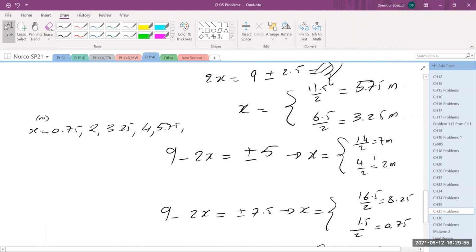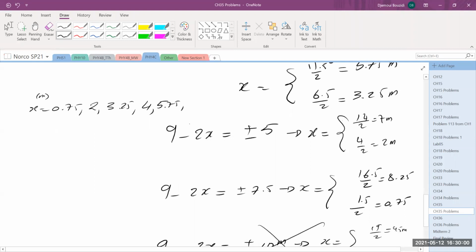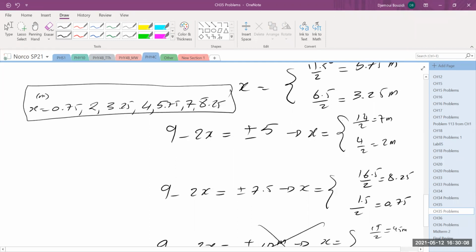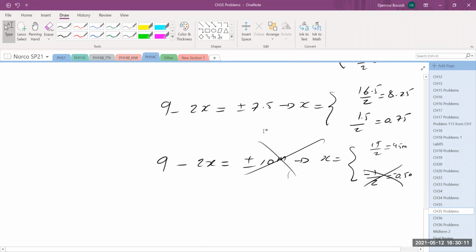And then 7. And finally 8.25. So those are the distances where we have constructive interference. So that's problem 1. Problem 3.